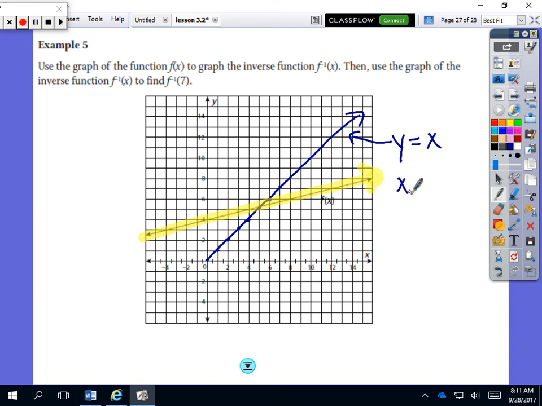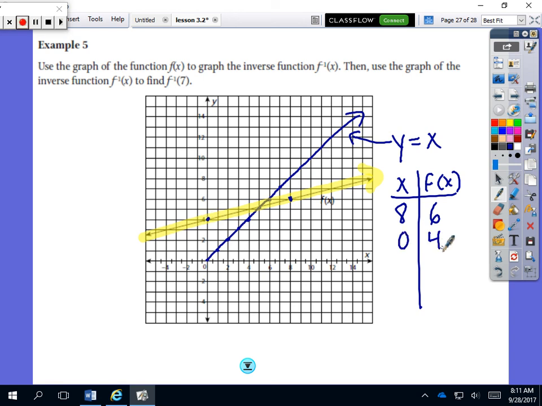Okay, so I need a couple points on that line. So x, f of x. To draw a line, you only need 2 points. So let's pick 1 point on this line right now. Looks like 8, 6 is a point. And what's another point on the line? 0, 4. That's an easy one.